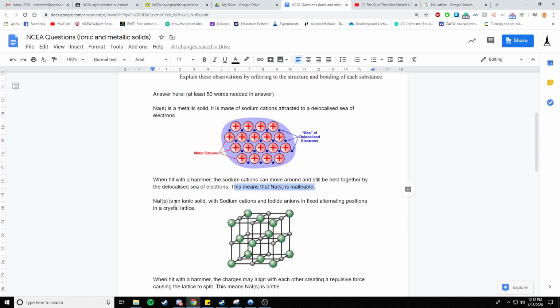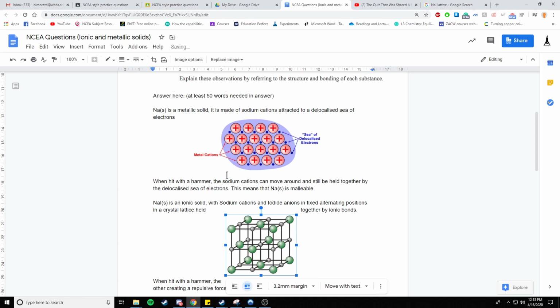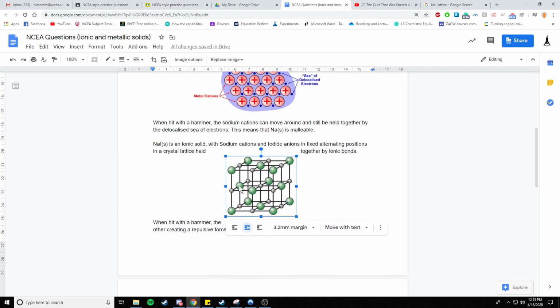That's why you can change shapes of a metal and the metal won't break, because it's still attracted to the sea of electrons. Sodium iodide is an ionic solid with sodium cations and iodide anions in fixed alternating positions in a crystal lattice held together by ionic bonds. So I've just taken this and put it into a sentence as well.